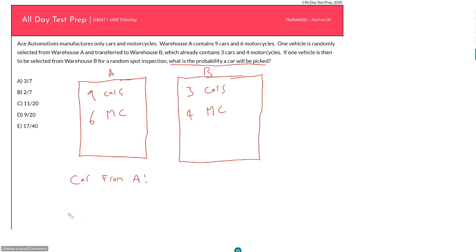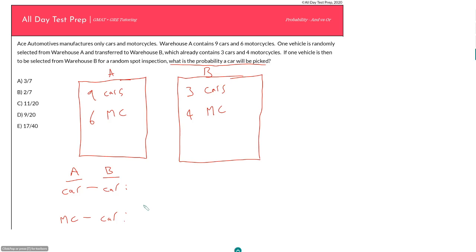Then in each case, we're talking about picking a car from B. But in our first case, we want to talk about that after I've picked a car from Warehouse A. And then in our second scenario, we want to talk about the probability of getting a car from B after picking a motorcycle from Warehouse A. And so these are my 2 sub scenarios.